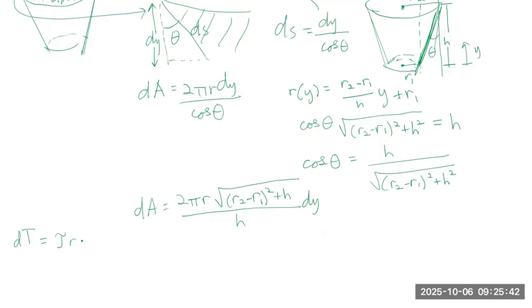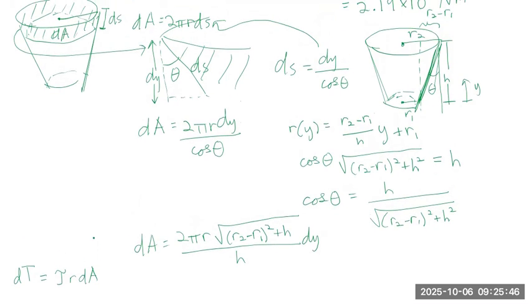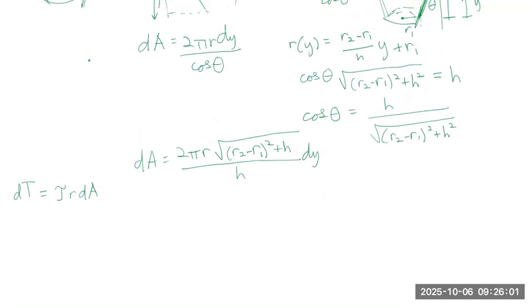So tau r dA, where r is the distance at which the shear force is being applied, and the shear force is going to be applied perpendicular to this face. So the r is going to be the location r.